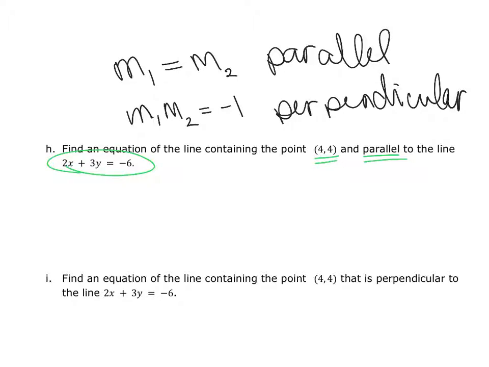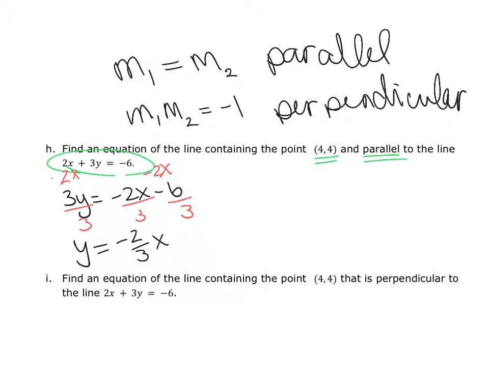I'm going to subtract off 2x, and so I've got 3y is equal to negative 2x minus 6. I'm going to divide each term individually by 3. And so I've got y is equal to negative 2/3 x minus 2. That's the equation of the given line.